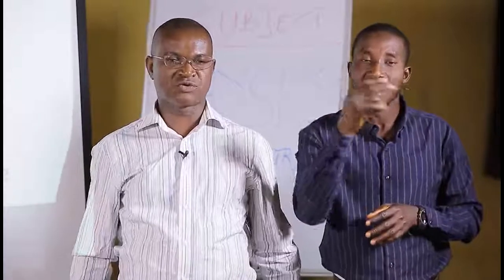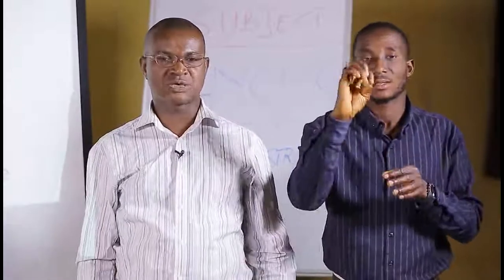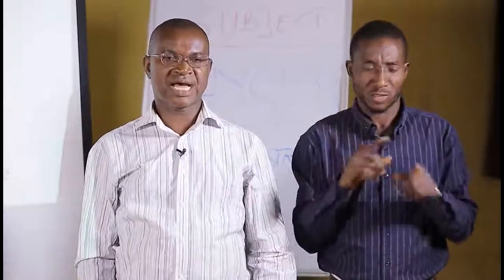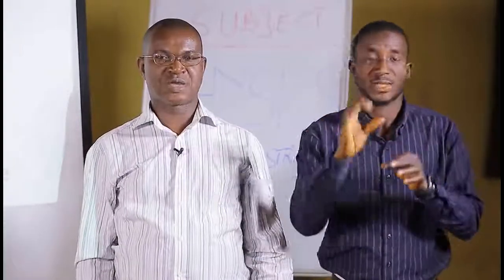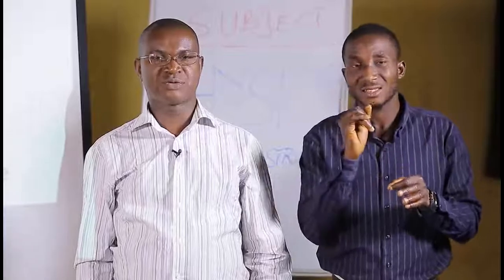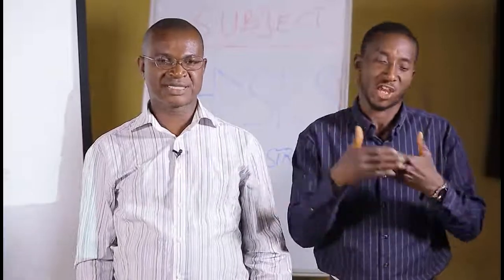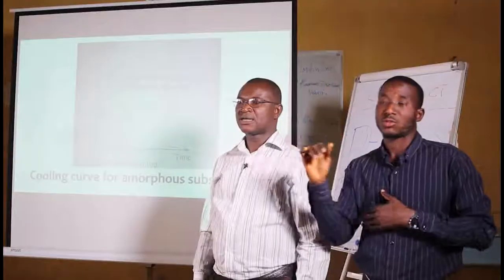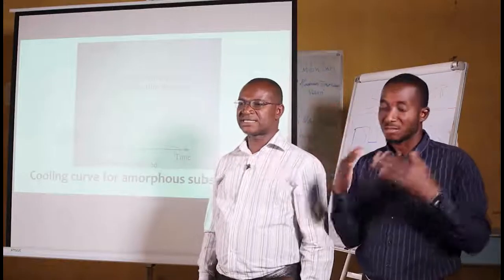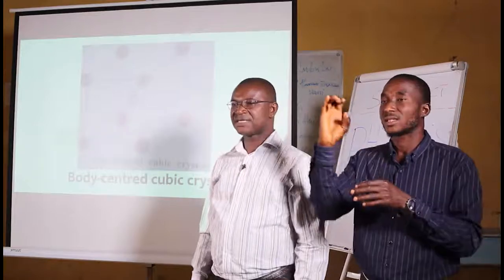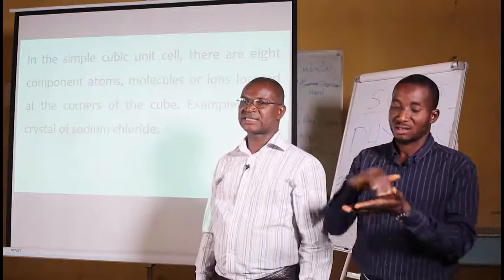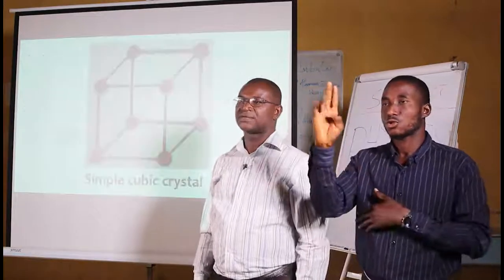And the discussion for today is based on the cubic unit cell, which he further let us know is made up of 3: the simple cubic unit cell, the body-centered cubic unit cell, and the face-centered cubic unit cell.